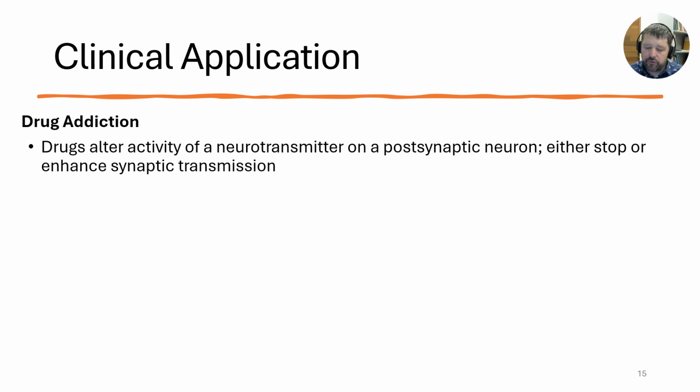Often, especially drugs that are not familiar to the body, or that maybe humans didn't evolve with, can cause signals to be either stopped or enhanced. Okay, and so either you have this blockage of the signal or enhancement of the signal. So speeding it up or blocking it.